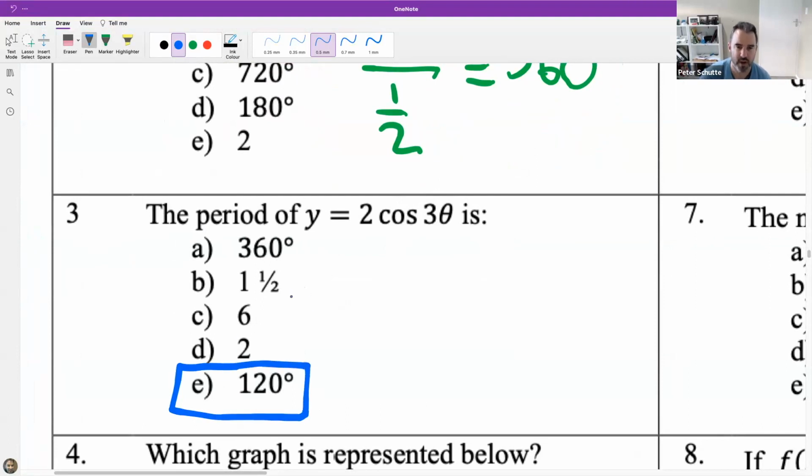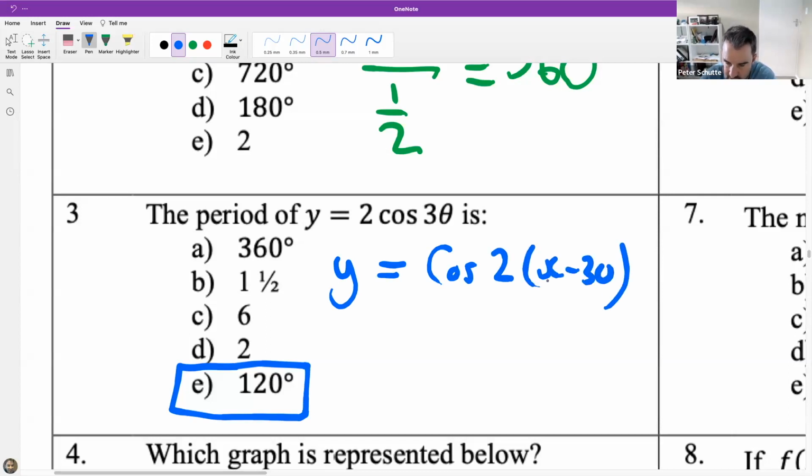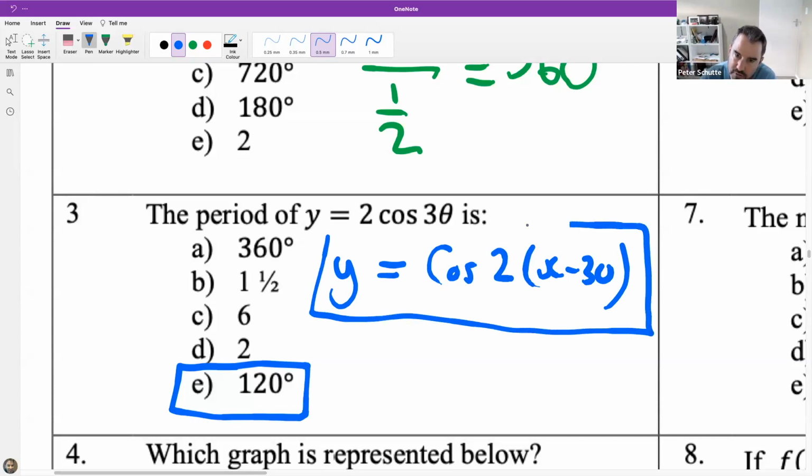But now Clamelo has raised a very important question. What if you get something like this? Say it goes cos 2x minus 30. What are the two transformations that are involved in this particular function? Now, the two transformations here are a horizontal shift and a period change.